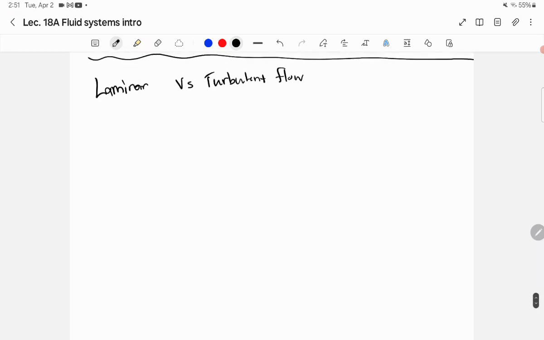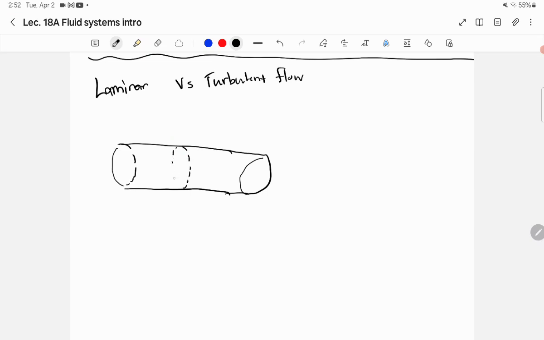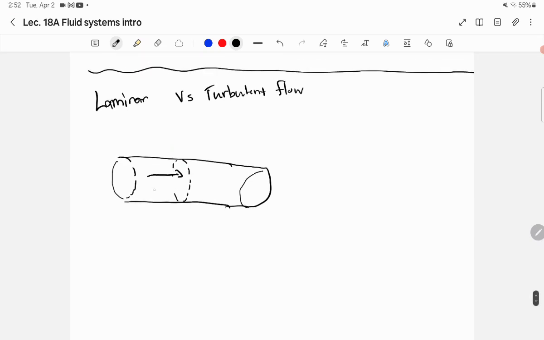Okay, so let's draw a nice little pipe here. And if we can get very nice straight line type flow going in here, we call this laminar.